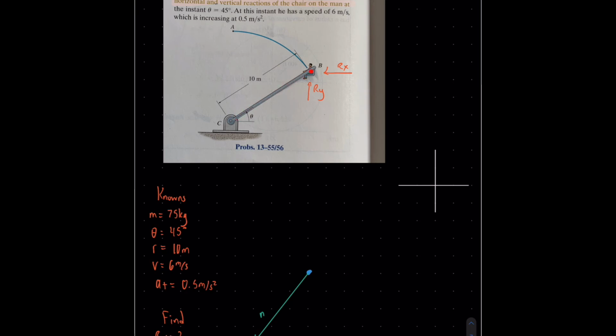So this guy is going to feel a normal acceleration pointing this way, and that's why I draw my normal direction in the same direction. Then I have the tangential direction, which is perpendicular to the normal. I hope that's the correct term to use. Got my negative normal and the negative tangential.